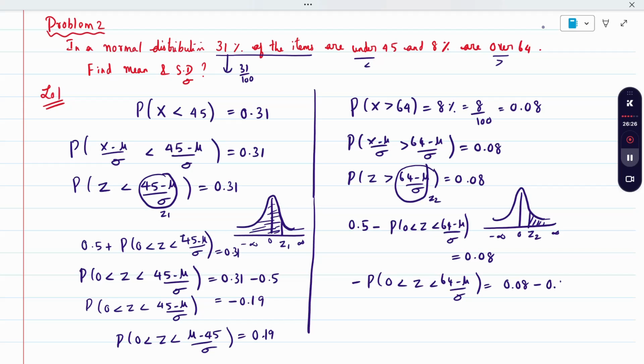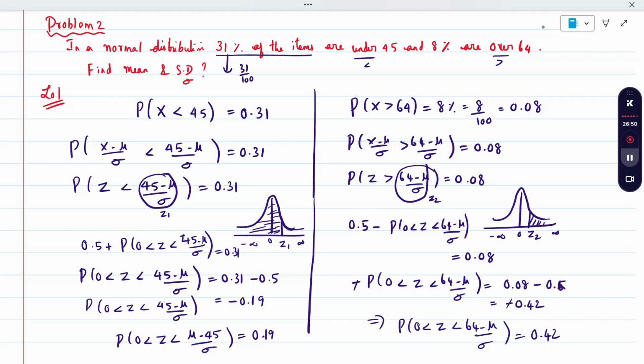Minus symbol here, 0.5. So when I subtract it, 0.42, minus 0.42, minus symbol goes, so it becomes probability of 0 is less than Z is less than (64 minus mu) divided by sigma equal to 0.42.